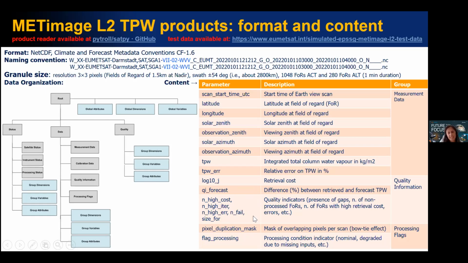And the rest is again flags indicating the quality of the product in terms of number of fields of regard with high error or high cost, the size of the field of regard, and so on.